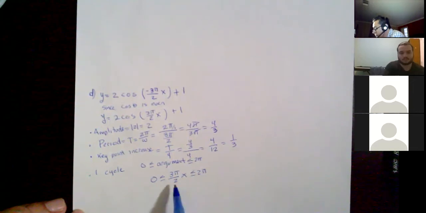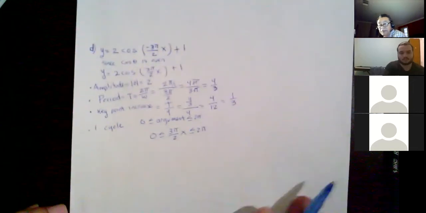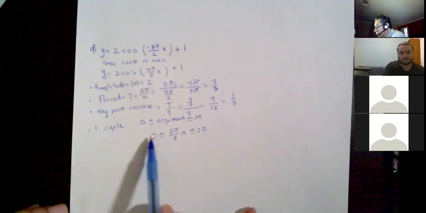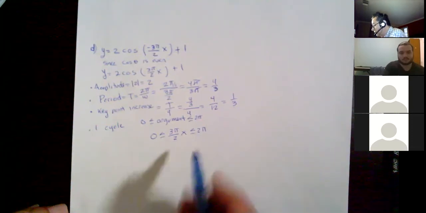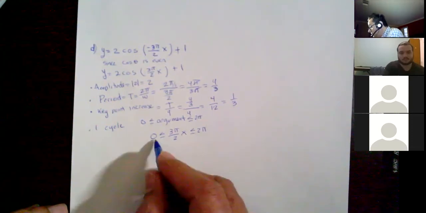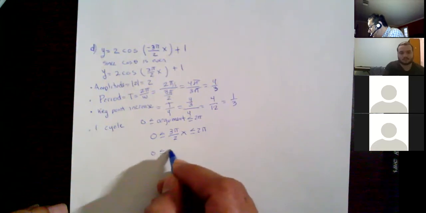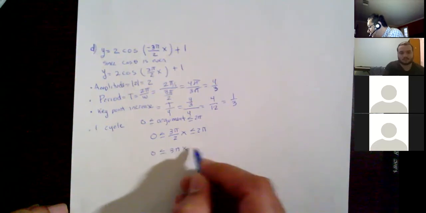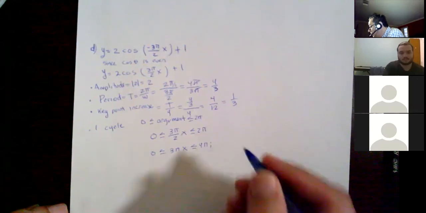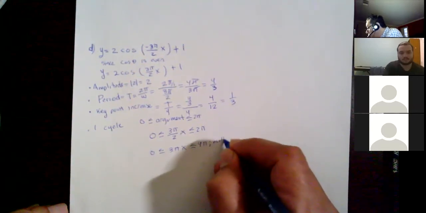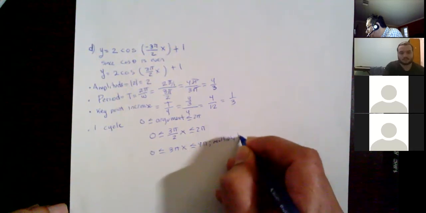So we're solving for x here in the middle. First thing that we're going to do, let's get rid of this 2 by multiplying by 2 the 3 parts here. If you multiply 2 times 0, that would be 0 right here. You're left with 3 pi x less than 4 pi. Here we multiply by 2.